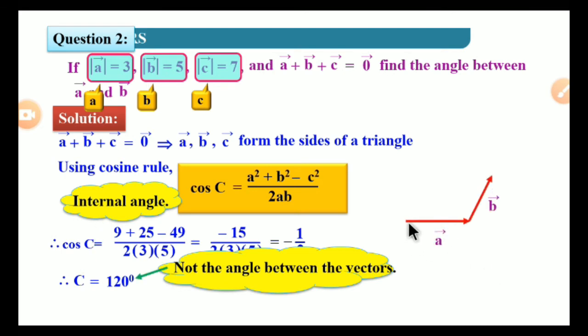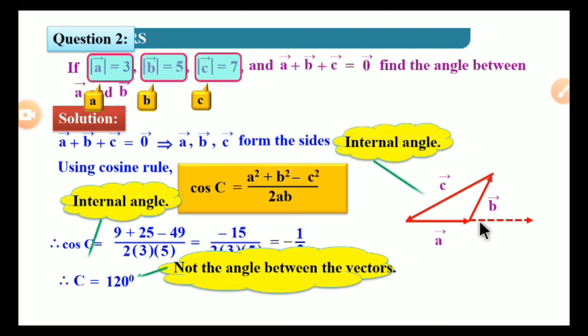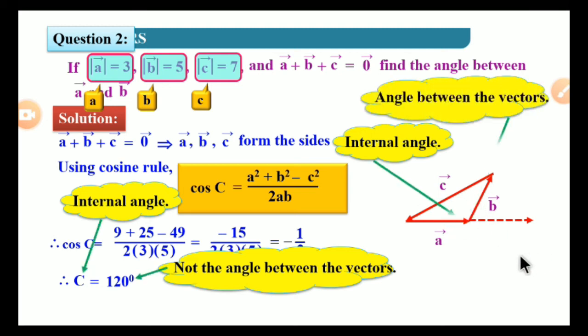because see here vector A and vector B are in the same direction, and vector C is also in the same direction only. Now this is the internal angle. So the angle between the vectors, we have to find out this angle only.